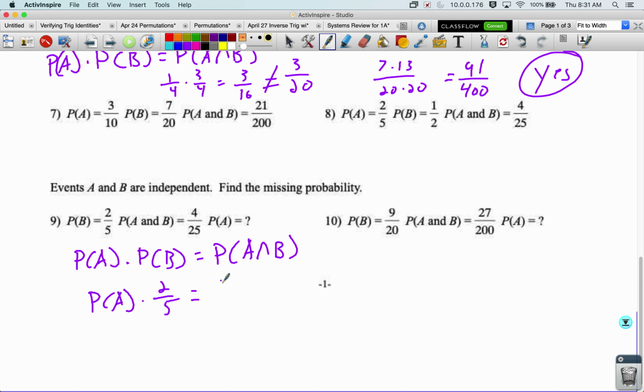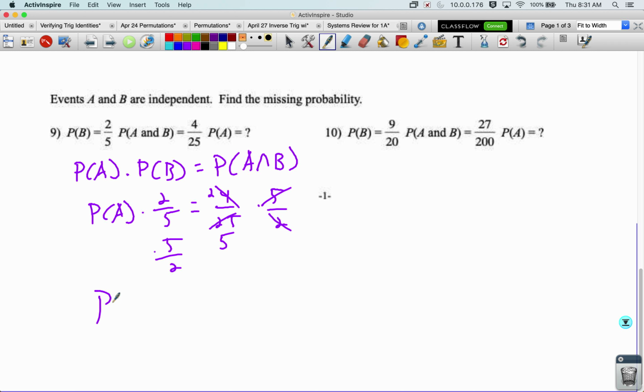We know that the union is 4 out of 25. We will multiply both sides by 5 over 2. This will cancel out, make that a 5, and this will cancel out a 2. So now we've got 2/5 as our probability for A. Probability of A equals 2/5.